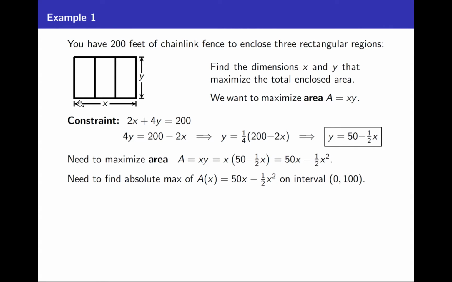Well, x, first of all, has to be positive, since it's a length. So we have an open interval starting at 0. But then how big could x get? Remember, however many feet of fence you use here for x, you've got to use it again up there. So since you only have 200 feet of fence available, x can never be bigger than 100. It's got to be up to 100 here and up to 100 there to give you your 200. So your interval is from 0 to 100. x is in that interval.